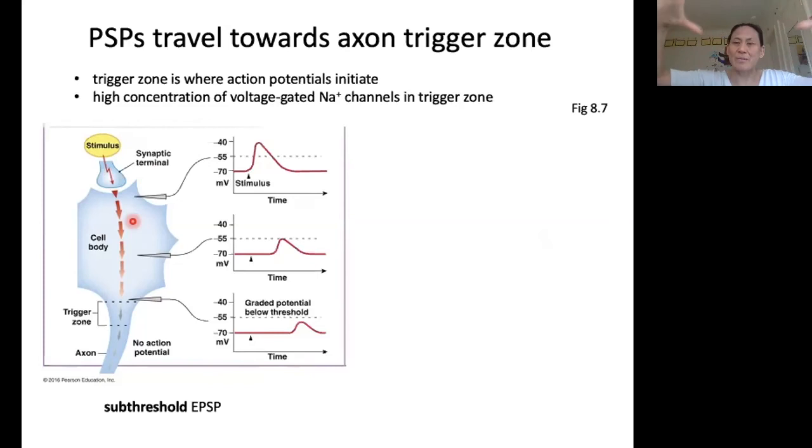Those ripples are going to be bigger towards the center, and then they're going to get smaller as we go out from there. Same thing is happening with this PSP. It's going to be big here. It's going to ripple out, so to speak. It's going to spread and degrade as it spreads, okay?